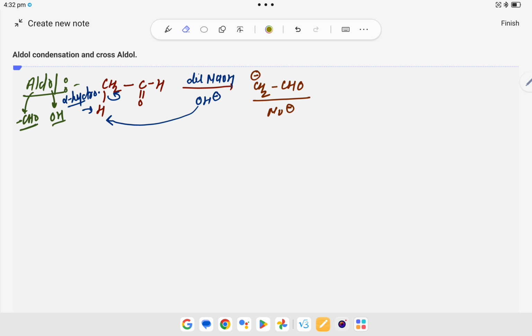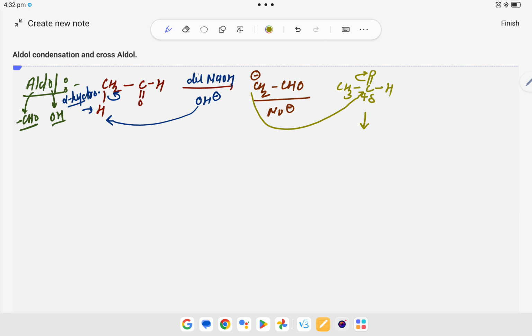Now we want CH3, C double bond oxygen and hydrogen. So this carbon having partial positive, and this is working as a nucleophilic center. So this negative carbon will attach with this positive carbon, then the pi electrons shift towards the oxygen.